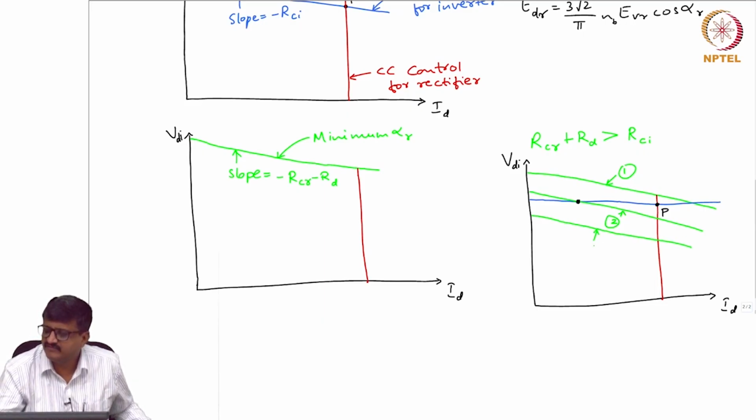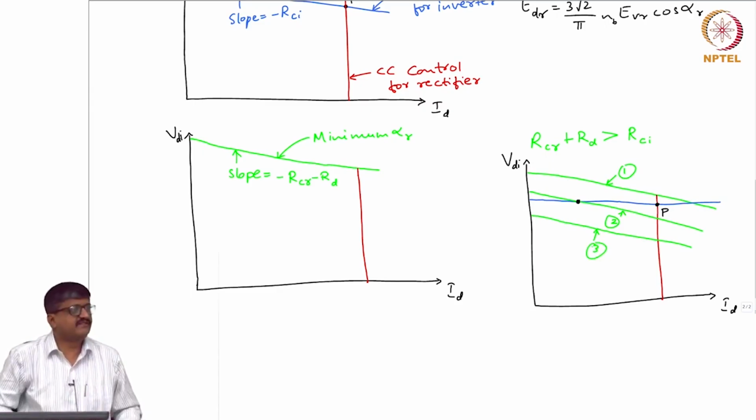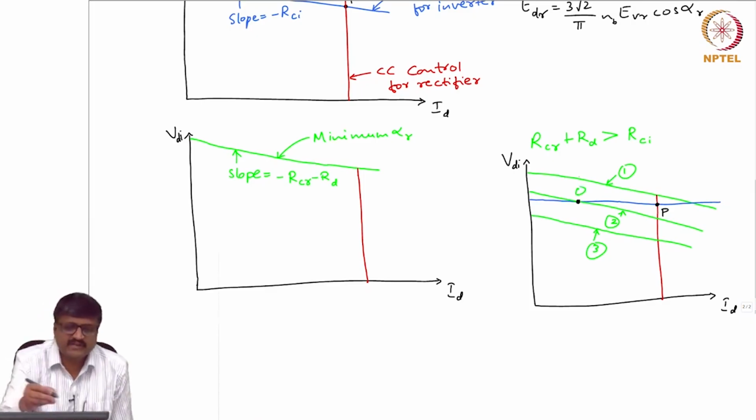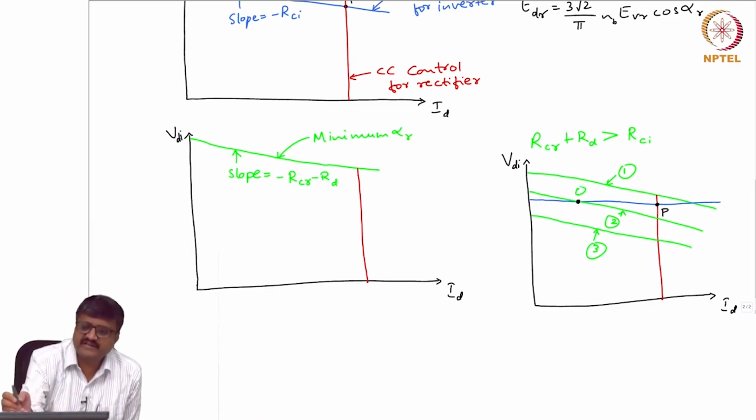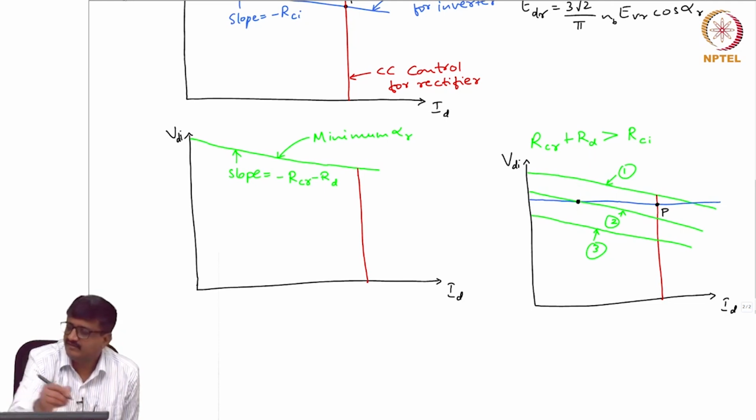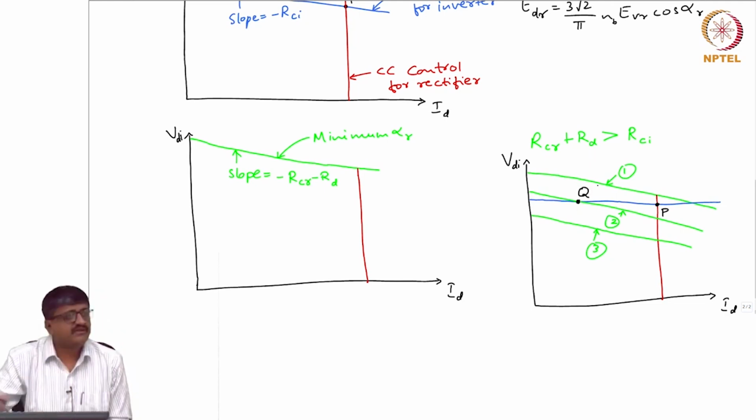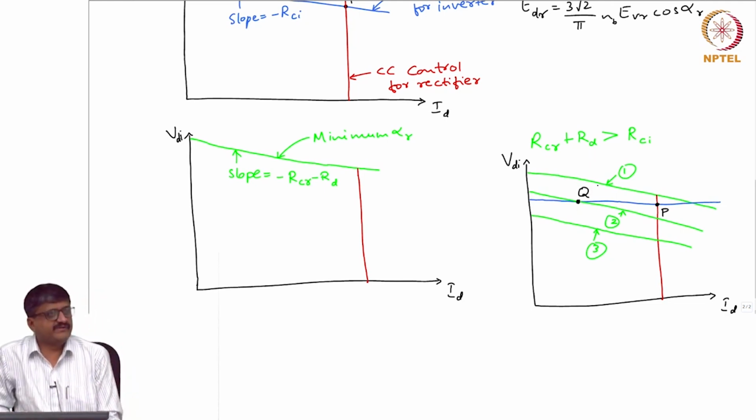Suppose this is 3, then there is no intersection. Now, what is happening? From 1 to 2, if I look at the original condition P, the new case is operating at say Q. From P to Q itself, there is a reduction in the current.